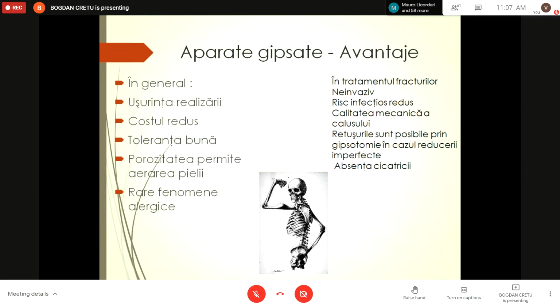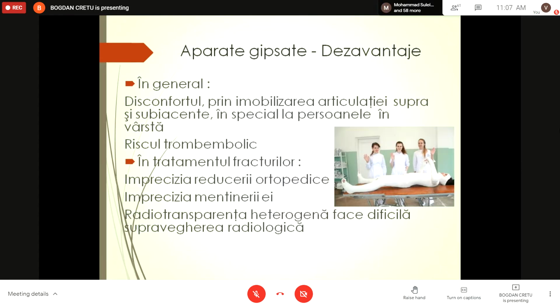They are used in treatment of fractures. It's a non-invasive measure, with a low infection risk. They have a good mechanical quality. We can also model it very well. So this is an important advantage in the treatment of orthopedic lesions.